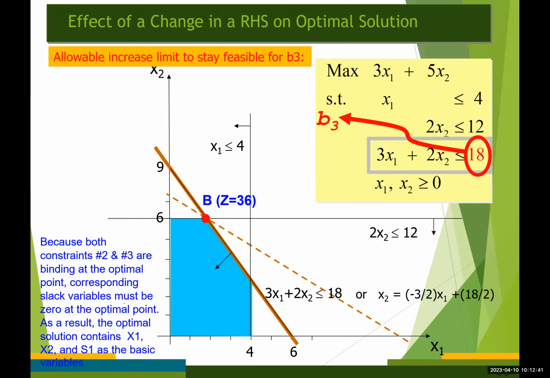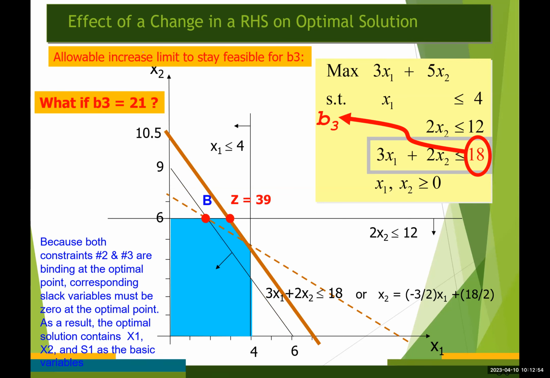Okay, then how about the allowable increase limit to stay feasible for B3? So the current value of B3 is 18. Now if B3 is increased to 21, then the plan number 2 and plan number 3 constraints are still binding in the feasible region, right?